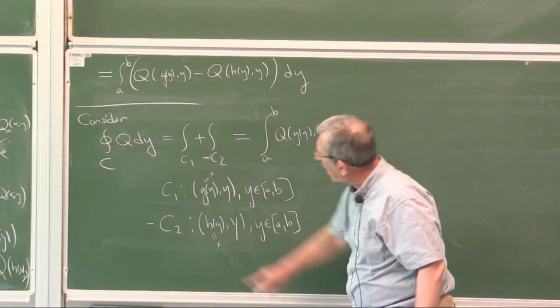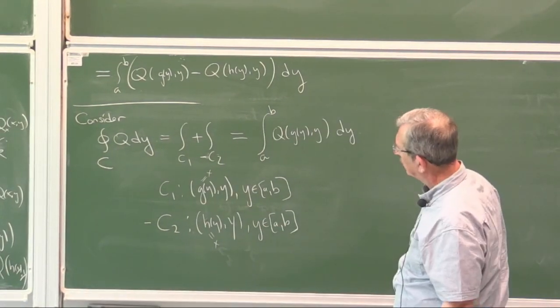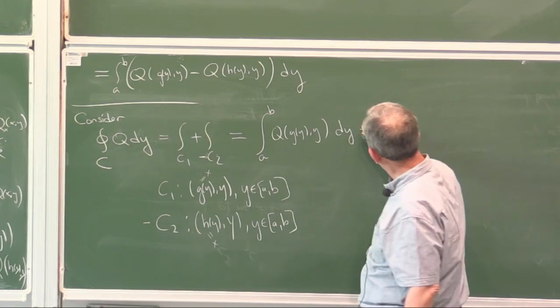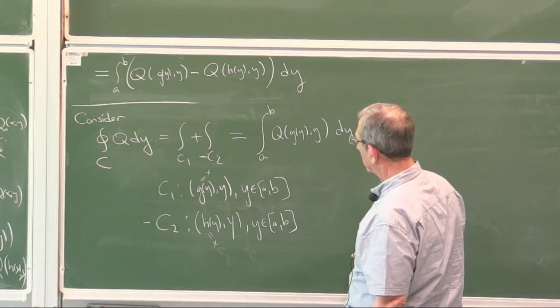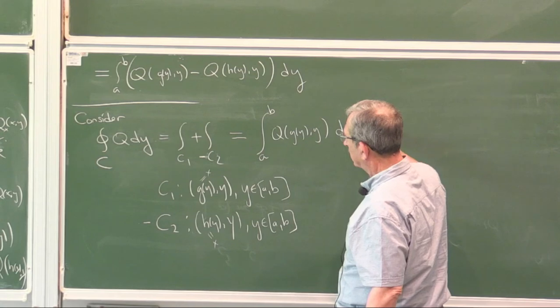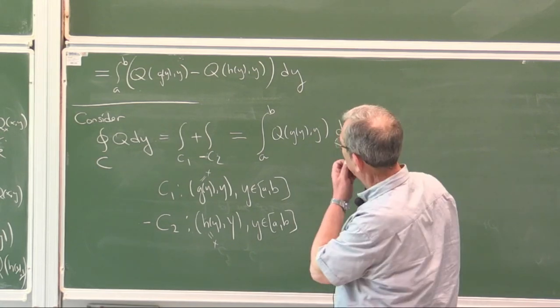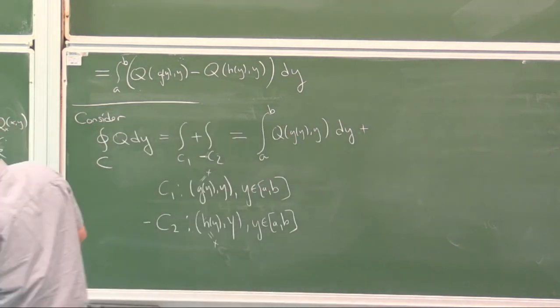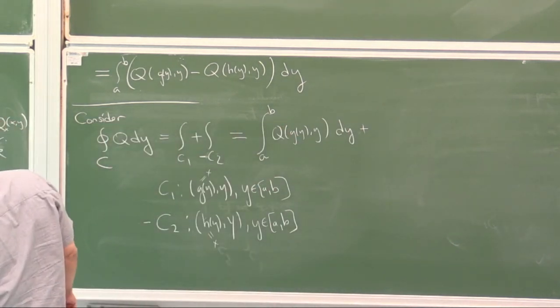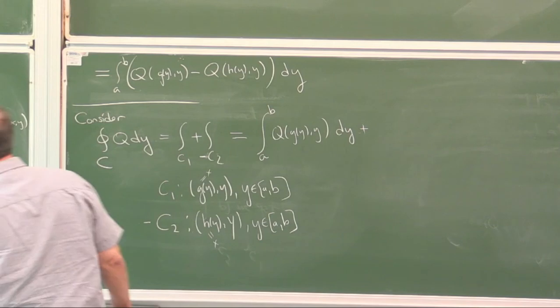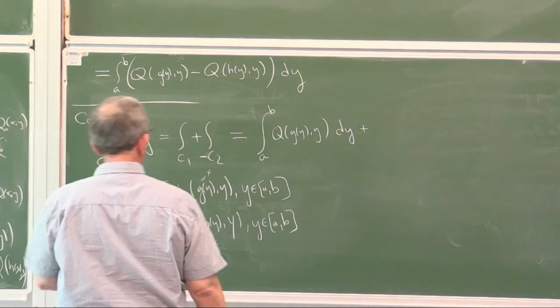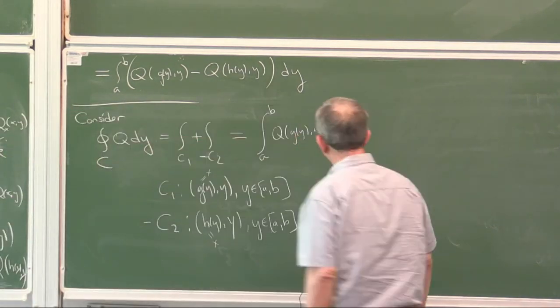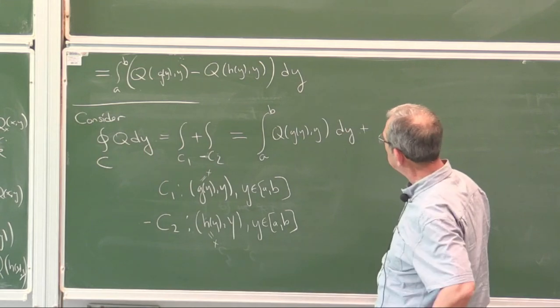Well, on minus C2, I have plus, let me see. I put C1, C2 in this direction, so C is C1 minus C2. So this is the correct one.